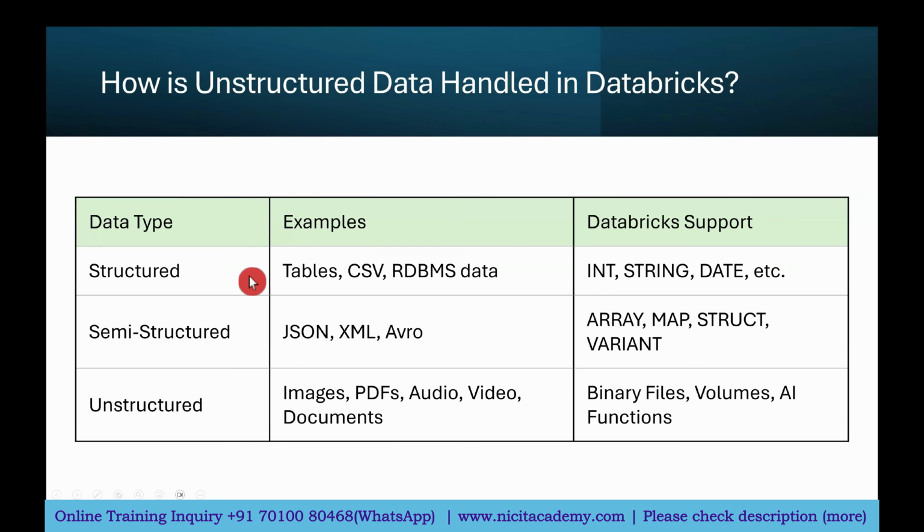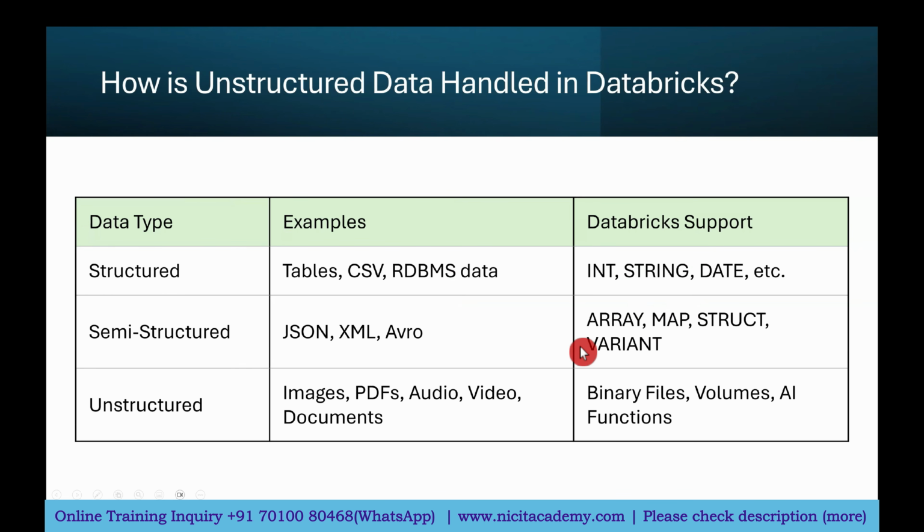So see, standard structured data will go with tables, CSV, or any RDBMS data. That is nothing but we can handle with integer, string, date. These 3 data types are frequently used. And to handle JSON file, XML file, Parquet file, Avro file, ORC file, different file systems we have, those files, to handle them we will use these.